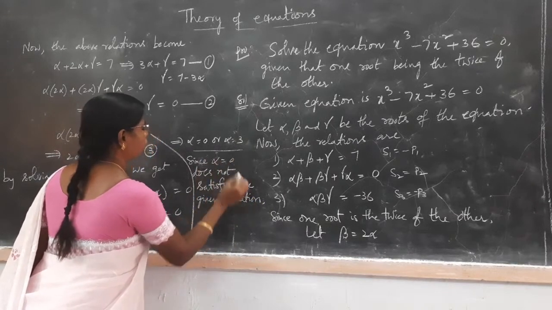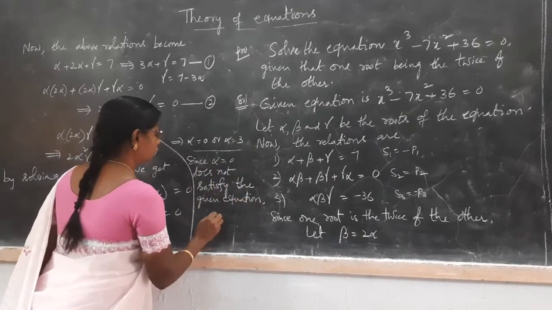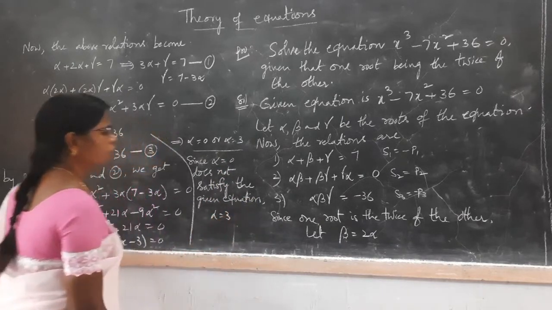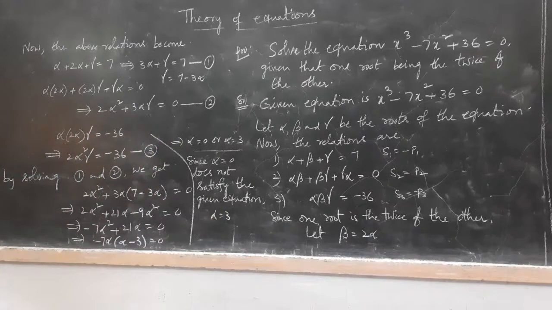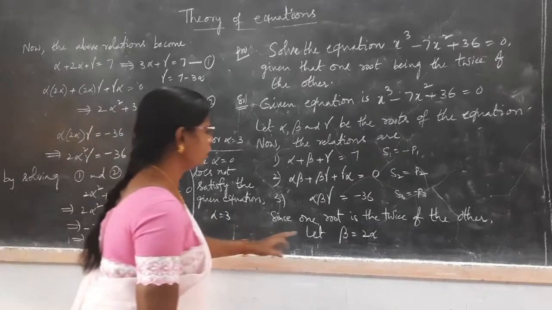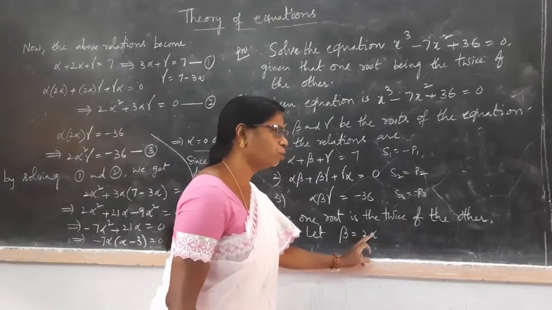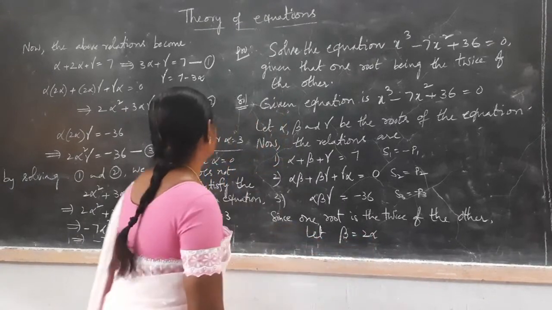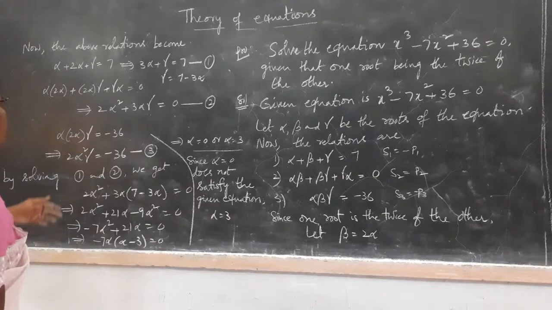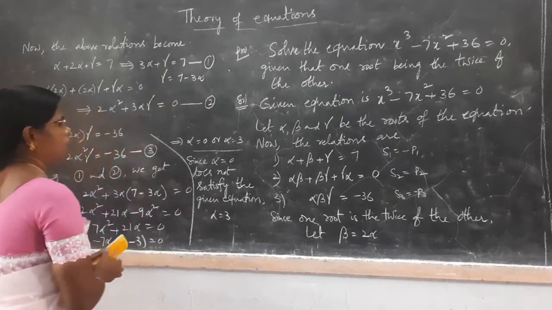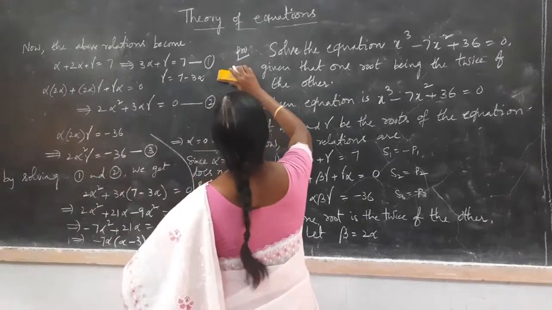Since alpha equal to 0 does not satisfy the given equation, alpha is equal to 3. So alpha is 3, what is beta? From this relationship, beta is equal to 2 into 3, 6. So beta also comes, 6. If you want gamma, substitute here. Okay, alpha has come.